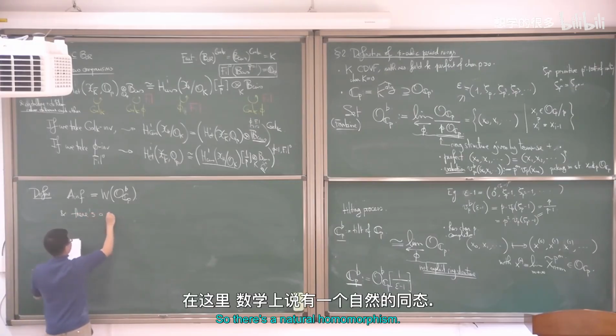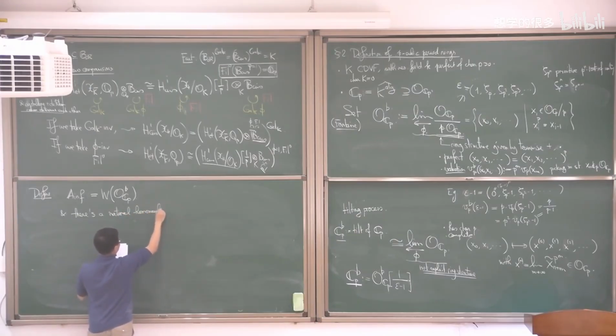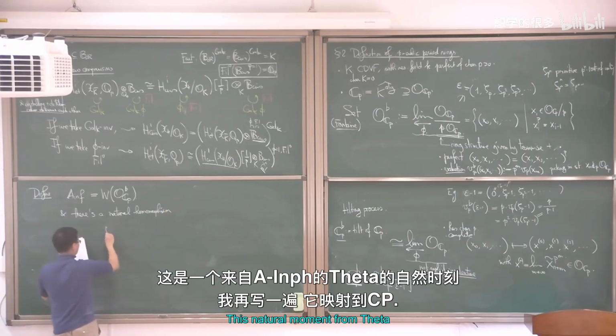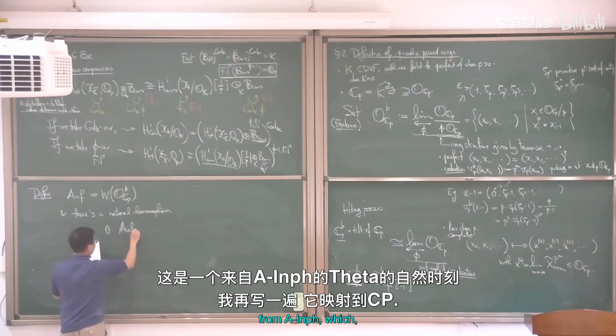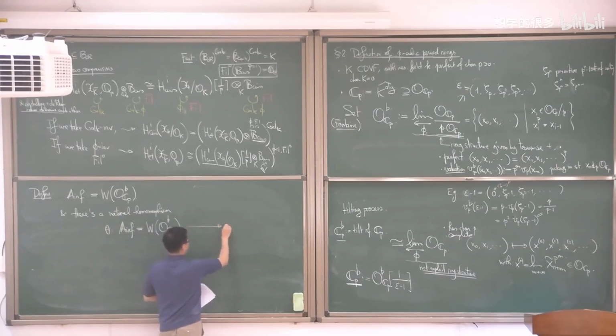So there's a natural homomorphism theta from A_inf going to C_p.